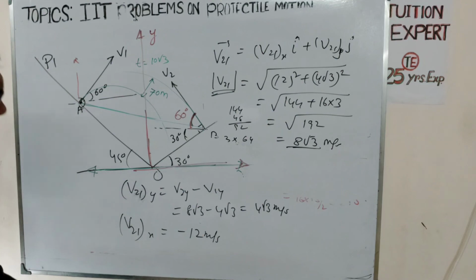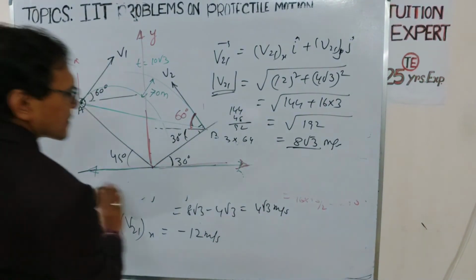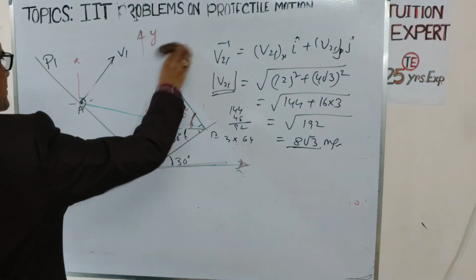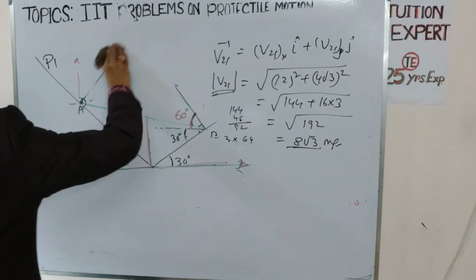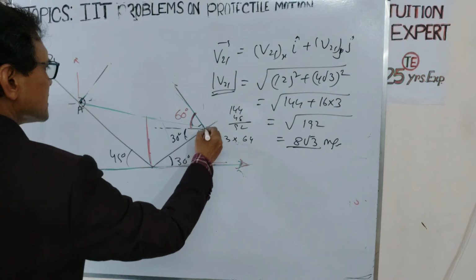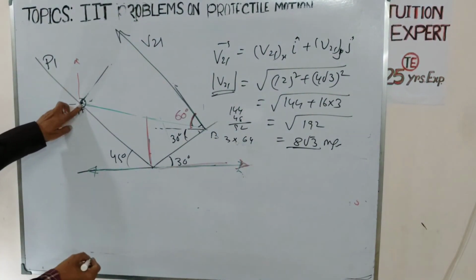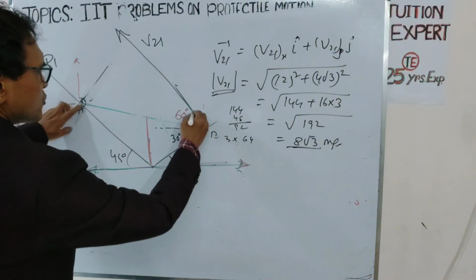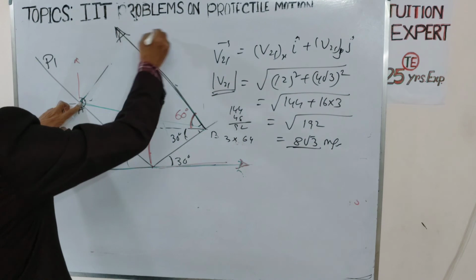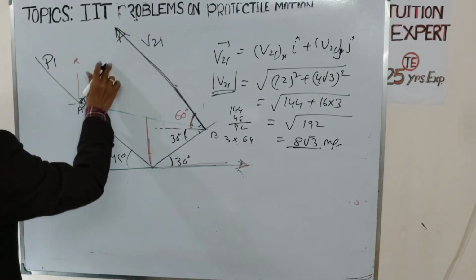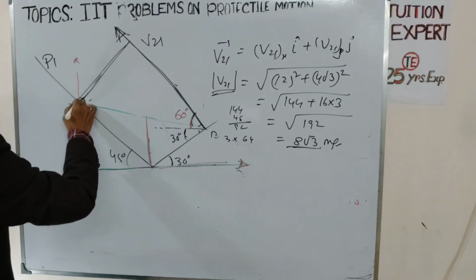So the path of this will be along this direction. This is V21. If we take the particle at rest, then particle 2 will move with velocity V21. Now the minimum distance should be this. This is the minimum distance.